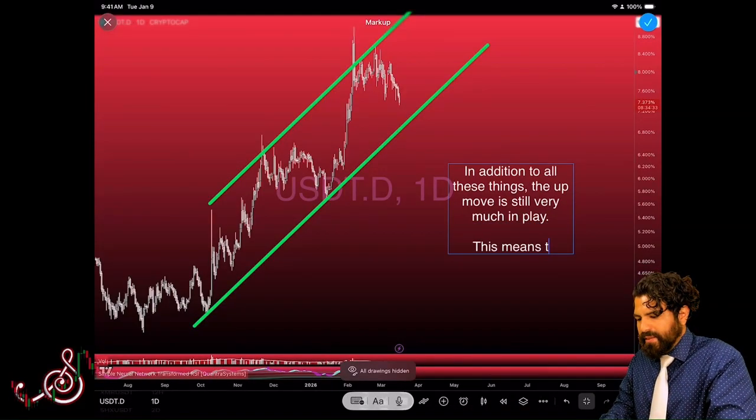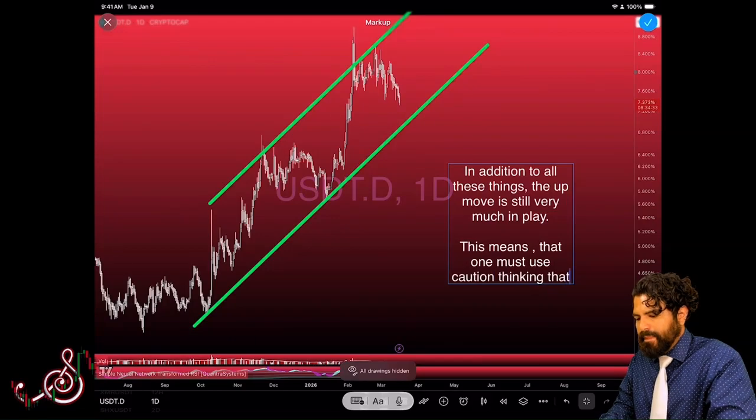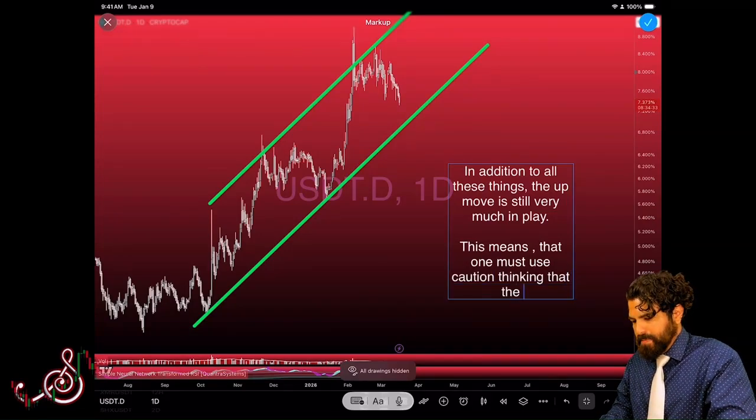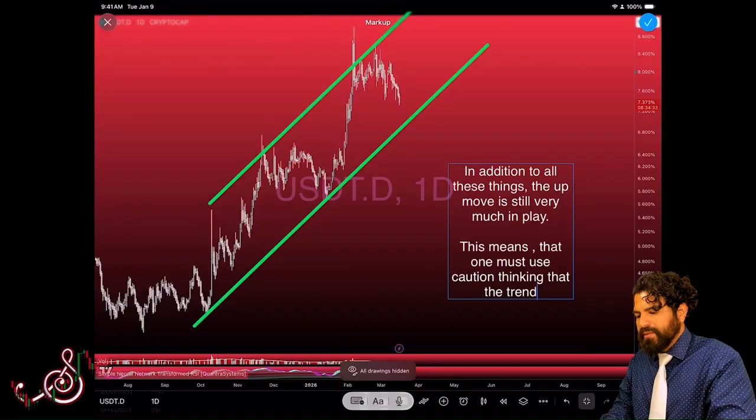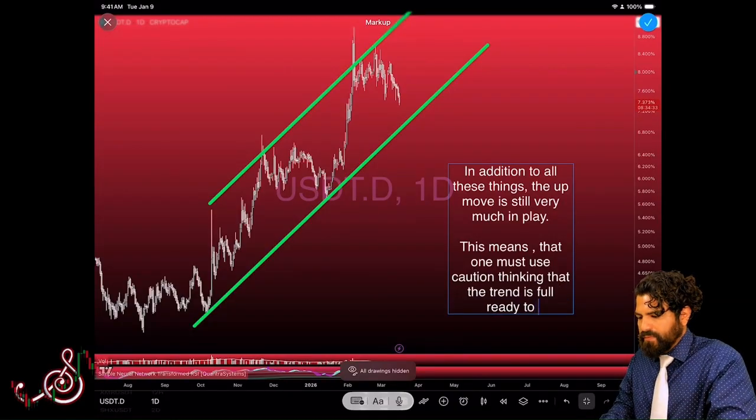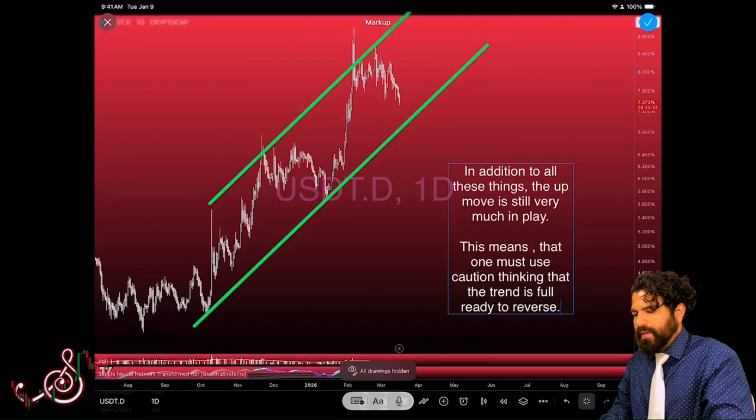This means that one must use caution thinking that the trend is fully ready to reverse.